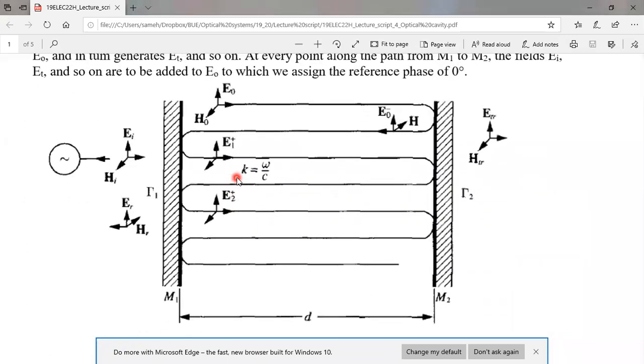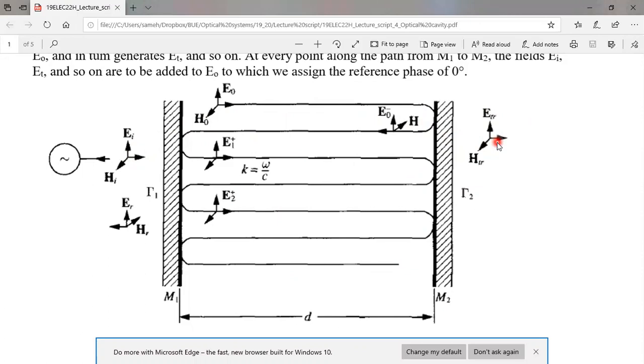Now I am assuming a two-dimensional cavity. Here, the incident light, due to the gap, will enter the optical cavity. The light will start to propagate, and then it may transmit outside the cavity. We are trying now to express this.